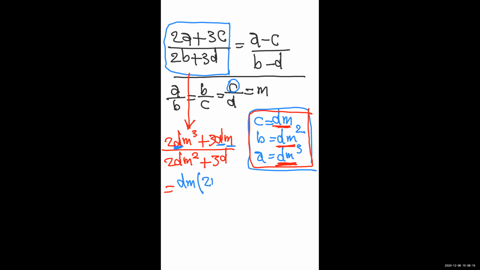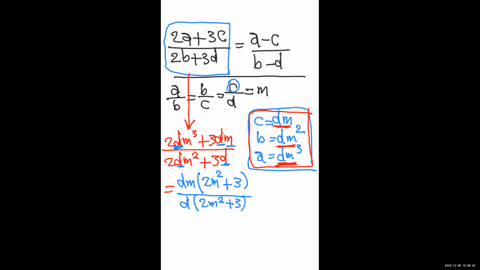Now 2m squared plus 3 over, what is the common factor on the denominator? It's d and d, so d times 2m squared plus 3.